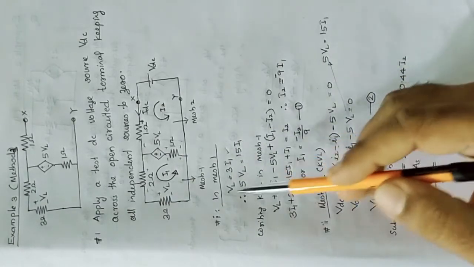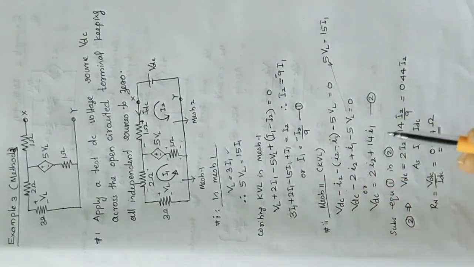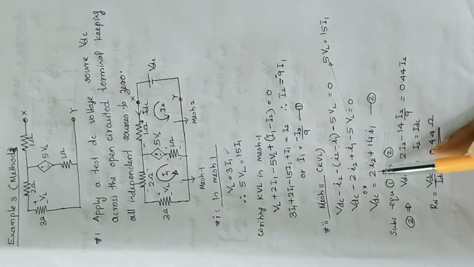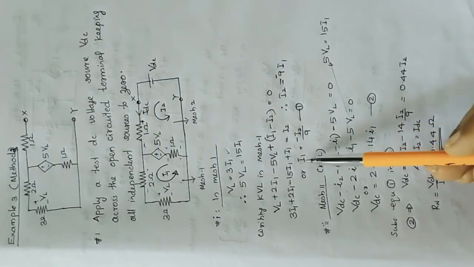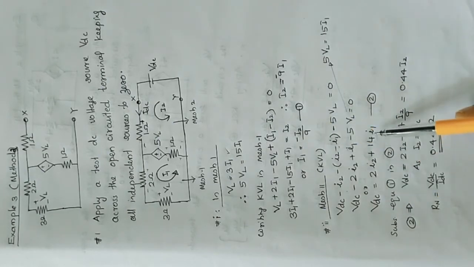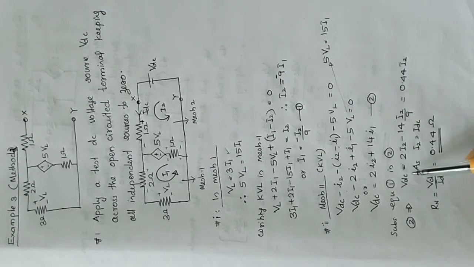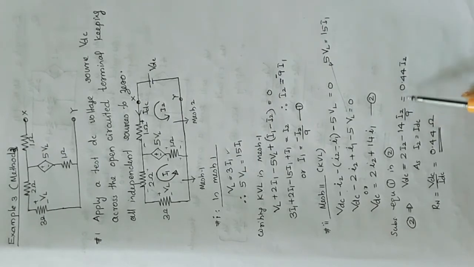So considering all these things, we can obtain the final expression in loop 2 as VDC is equal to 2I2 plus 14 I1. When we substitute I1 as minus I2 by 9 in equation number 2, it can be written as VDC is equal to 2I2 minus 14 into I2 by 9. Further simplifying, we can obtain the value of VDC as 0.44 I2.